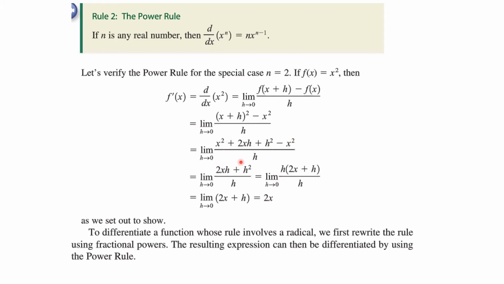The x squared will cancel, and we can factor the h out of what remains. And then we cancel the h, as we've done many times, and we get the answer is 2x. So you see it was x squared, so it's going to be 2x to the 2 minus 1 is 2x, as we set out to show. To differentiate a function whose rule involves a radical, it's best to first rewrite the rule using fractional powers, and that makes it easier to differentiate using this rule.